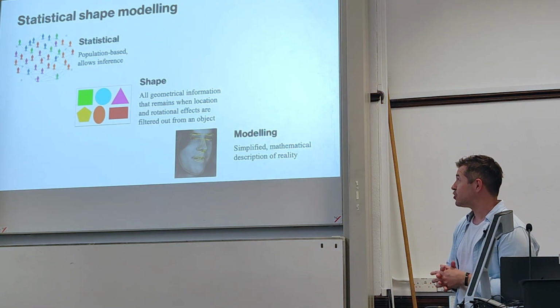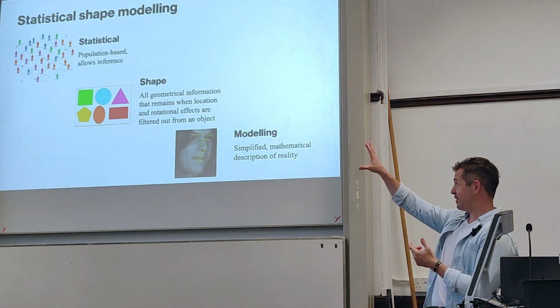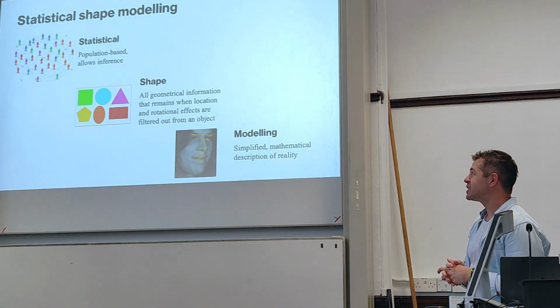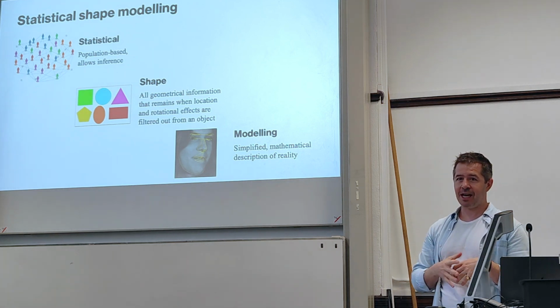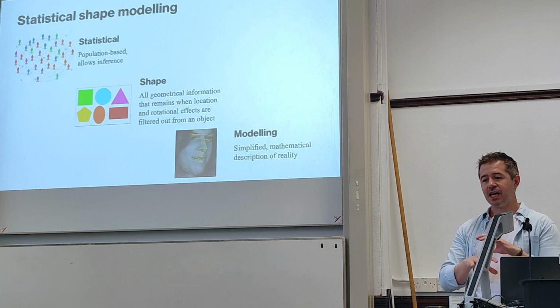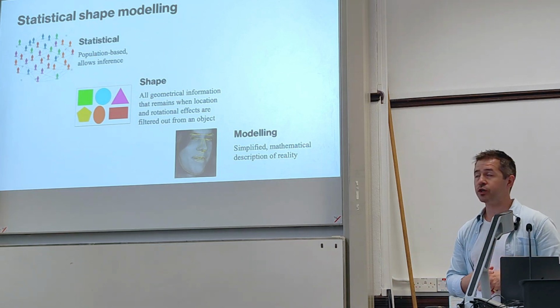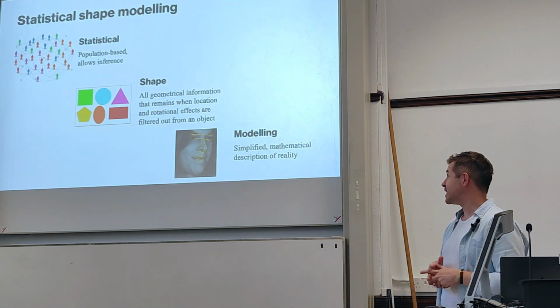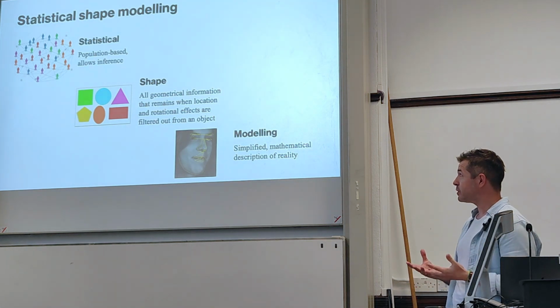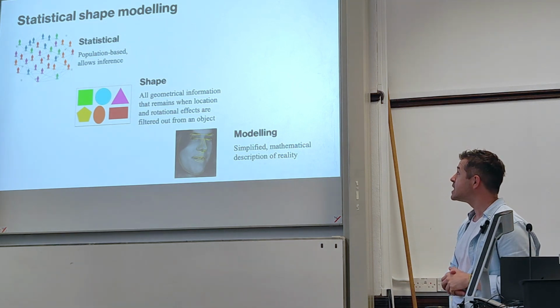So what is statistical shape modeling? It is what it says. It's a technique, so if we break it down, that looks at populations. It allows us some inference. We're looking at across the population of shapes. So that's the second word. Essentially, it's a technique that allows us to look at morphology, which is, in my opinion, especially important in congenital heart disease.